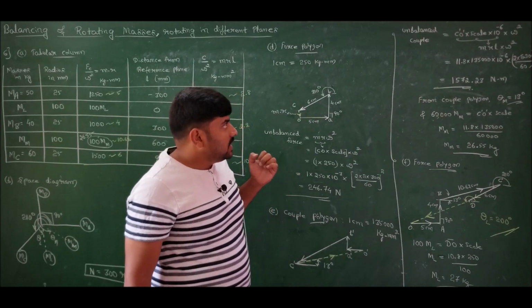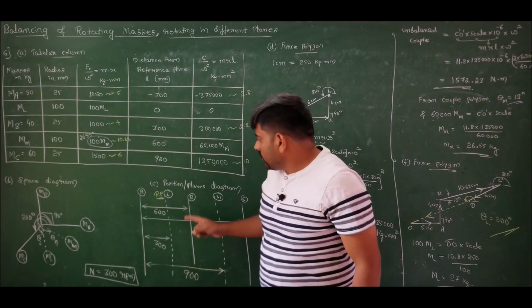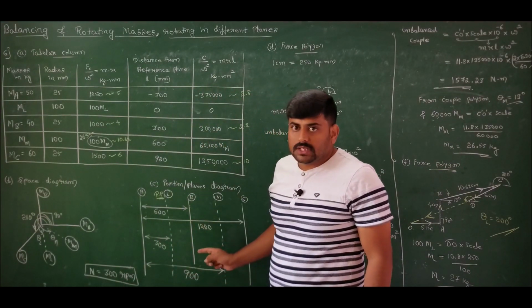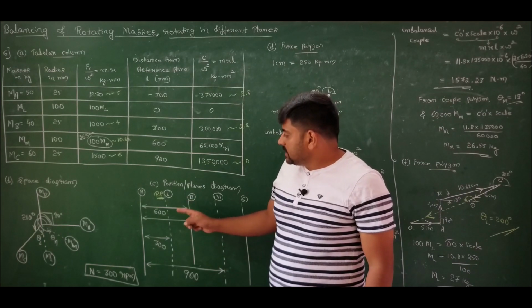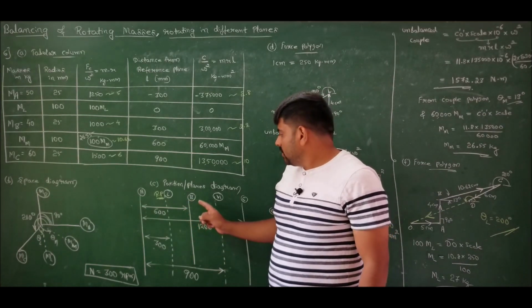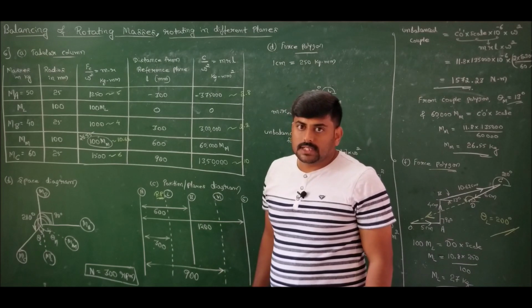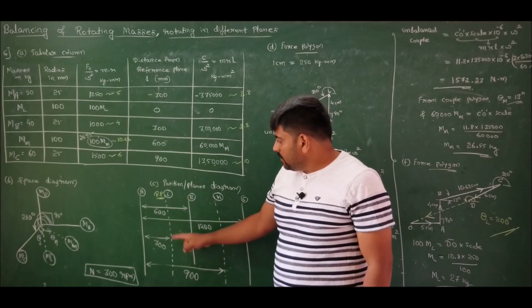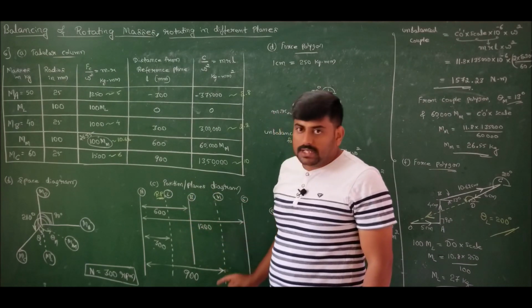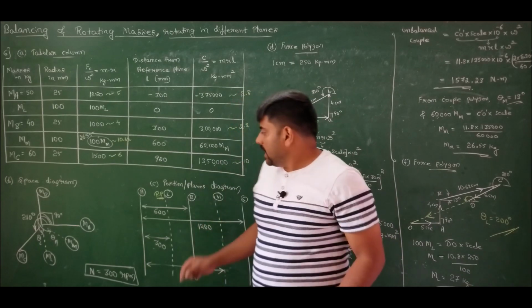So it has been stated that we have two balancing masses L and M, placed L between A and B exactly at the center, and M between B and C exactly at the center, and solved.